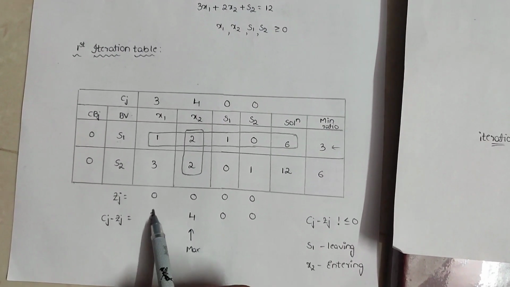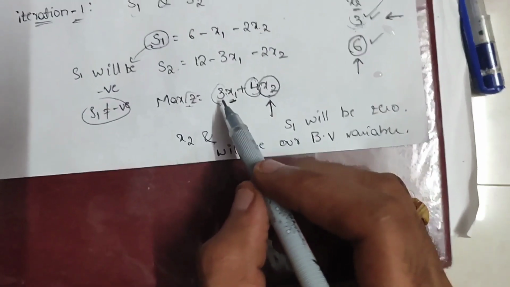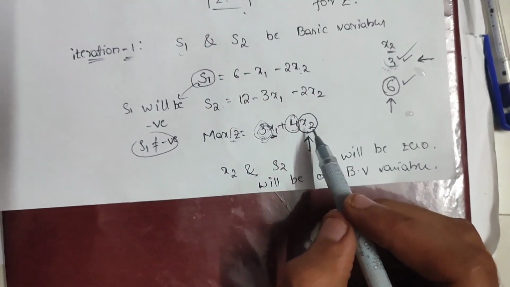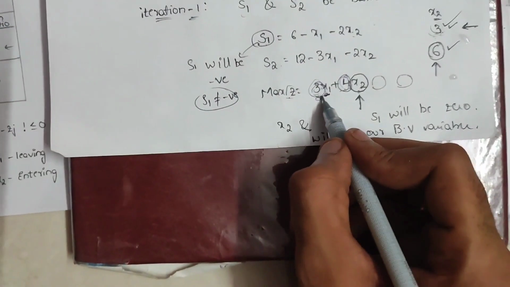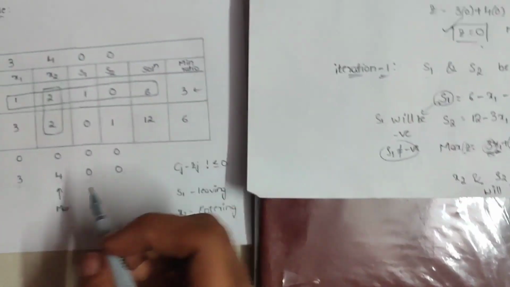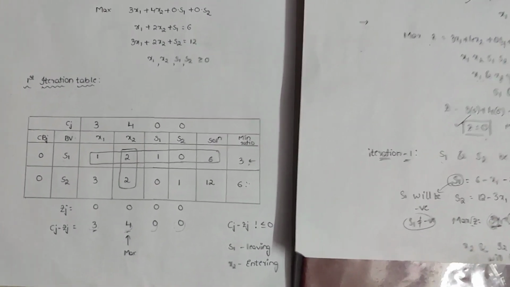Here the zj value is 3400. If we observe the value of max z, the value will be 3400. So the values 3 and 4 will be the Cj minus Zj values, and the values 3 and 4 will be the minimum ratios according to the tabular simplex method.